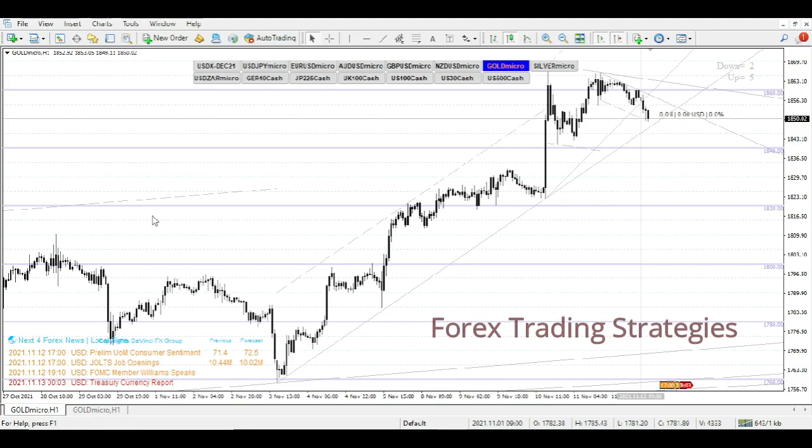Okay, so yesterday I shared with you guys my very simple trading system. And some of you indicated that you wanted this channel indicator. I've put a link in the description box below where you can actually download it.